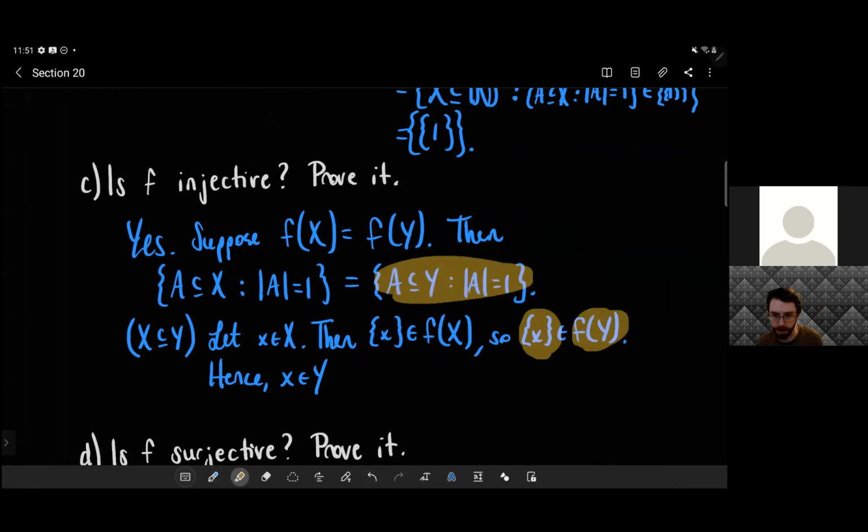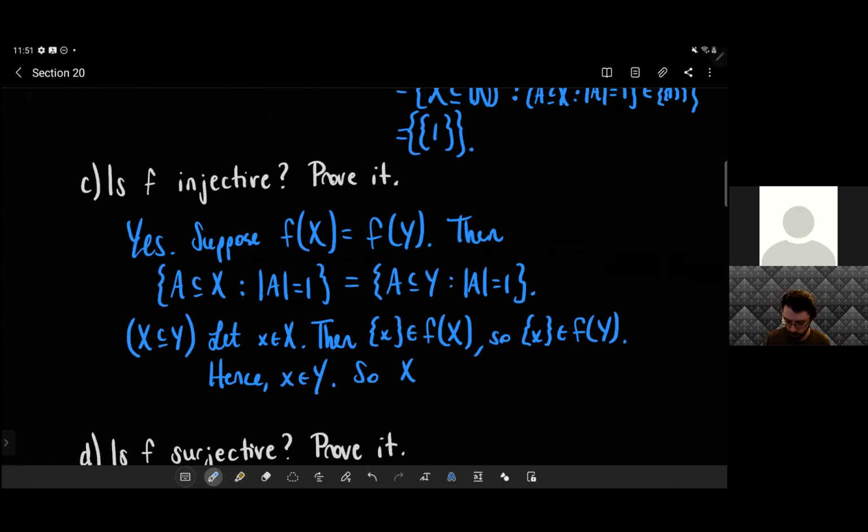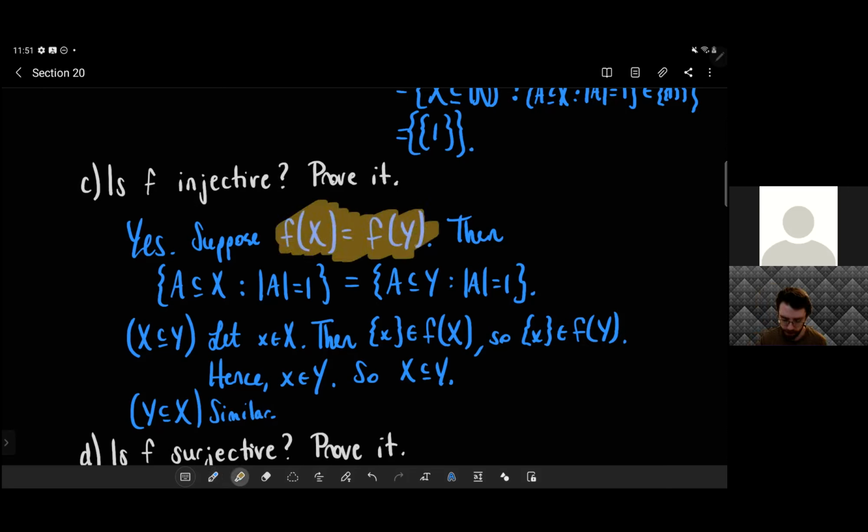Therefore, x has to be in y. Okay, so that proves that. Then I'll just say y subset of x, similar. So that proves injectivity because we started with f of x equal to f of y and got x equals y.